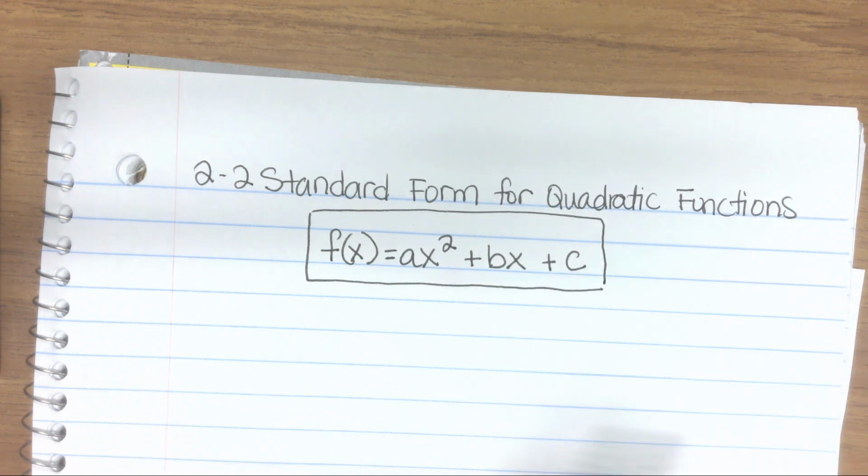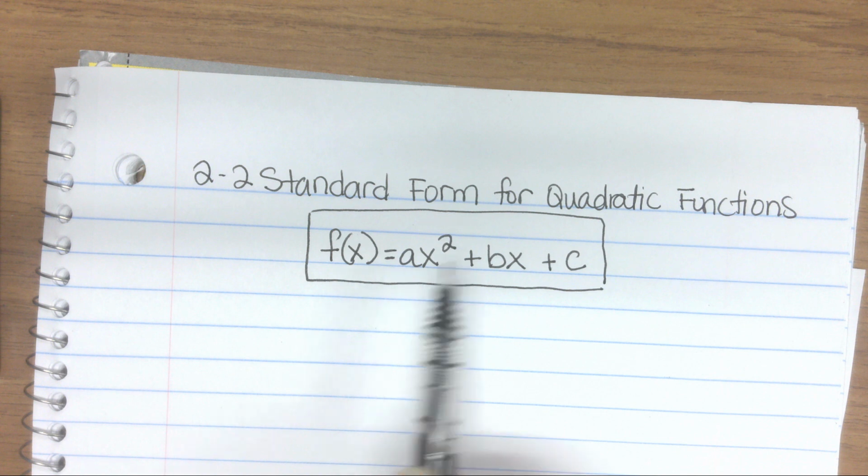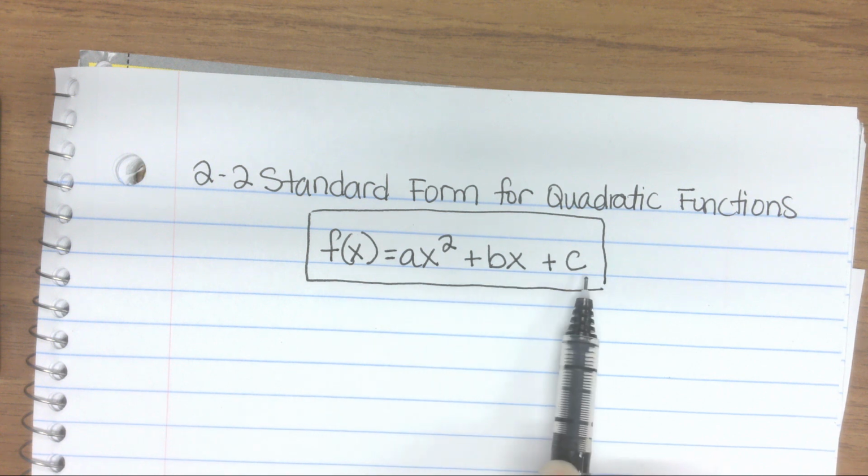And so a is just the coefficient of the x squared term, b is the coefficient of the x term, and c we call the constant term. There's no variable behind it.